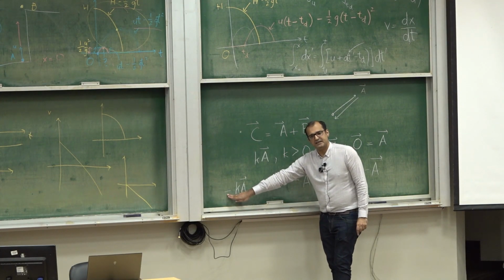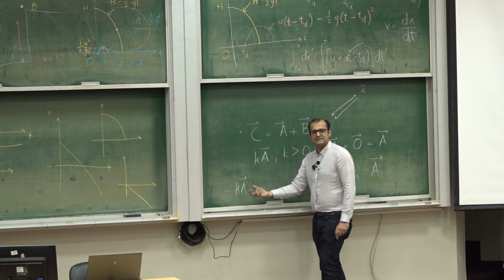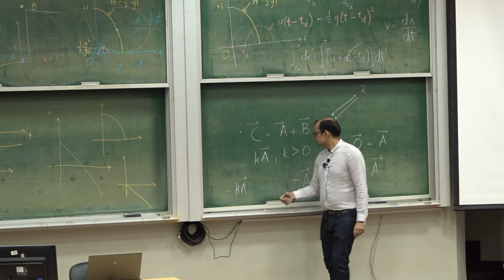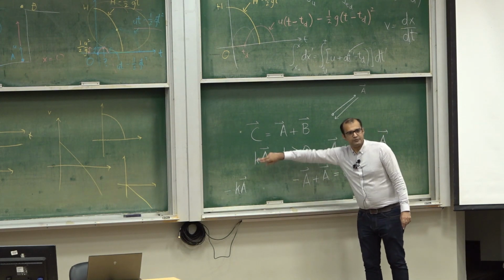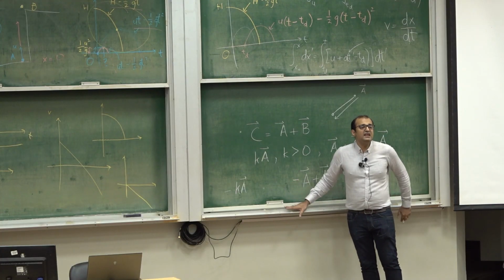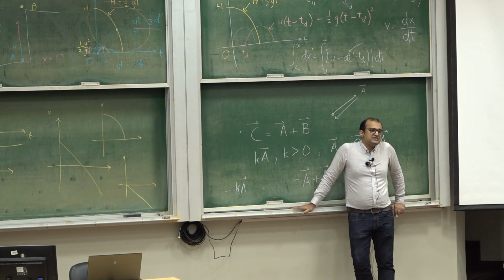I've explicitly pulled out a minus sign. First you stretch vector A by a factor k, and then you flip it. So minus 3A is a vector that is 3 times the size of vector A, but flipped, in the opposite direction.